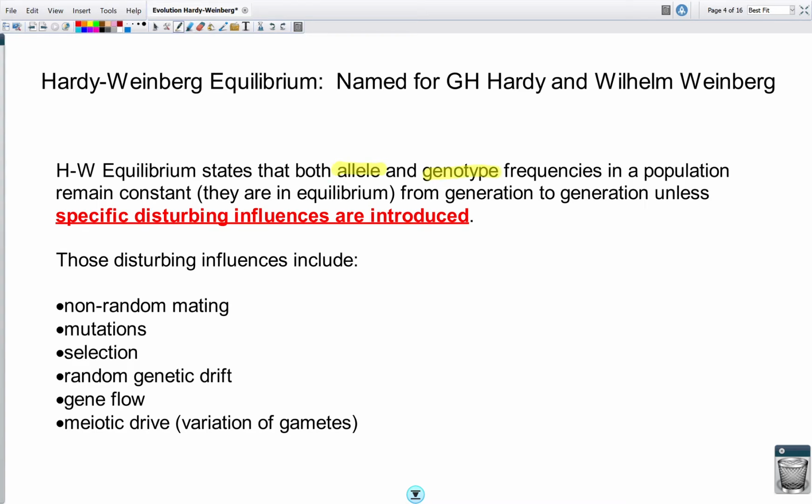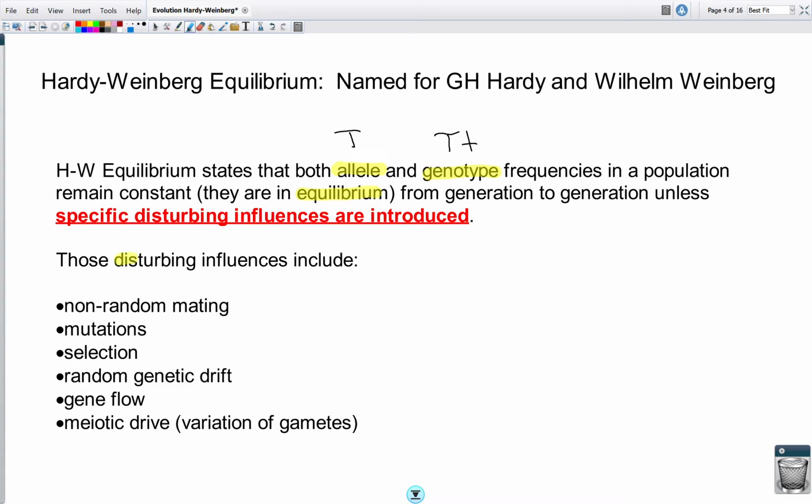Again, the difference between an allele would be something like this, whereas a genotype is something like this. Hardy and Weinberg said that if the frequencies of alleles and genotypes in a population are in equilibrium, in other words, they're not evolving from generation to generation, the only way this can occur is if we neutralize specific disturbing influences.